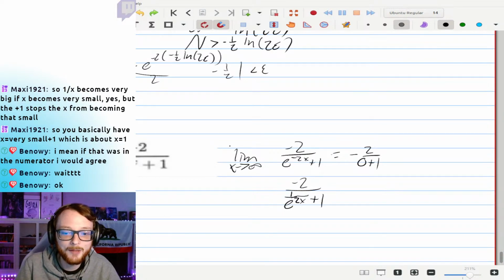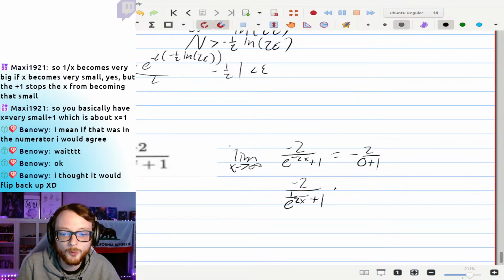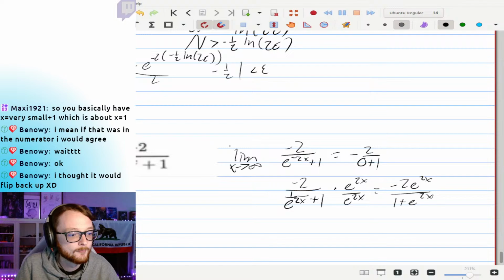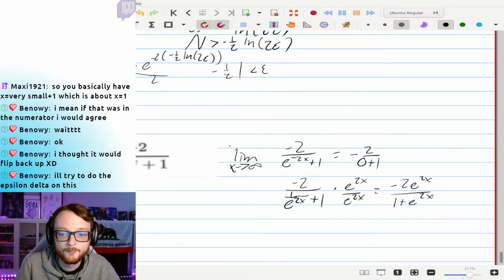No. If you want, you could multiply this thing by e to the 2x over e to the 2x and get something that might look a bit more familiar. But yeah. We're going from very big if x is very small.